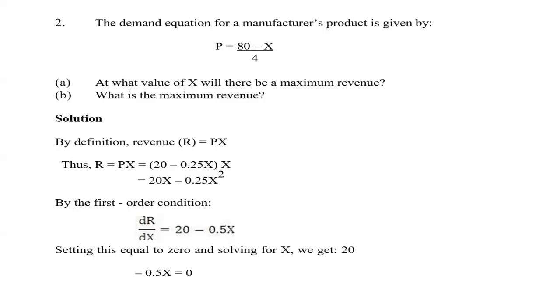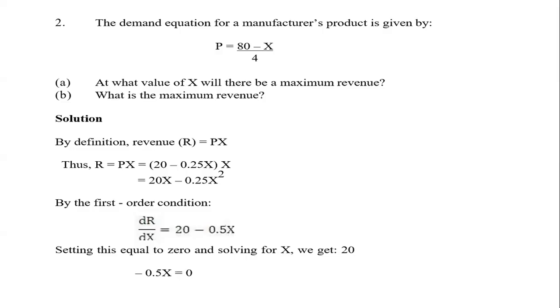Now the question is, at what value of X will there be a maximum revenue? And the second question is, what is the maximum revenue? So if you are able to determine the value of X at which there will be a maximum revenue, then you should be able to use that value to find the actual value for the maximum revenue. So this is the question.